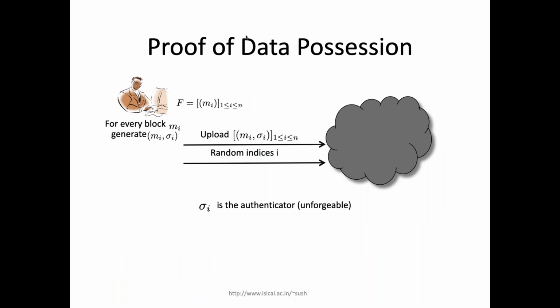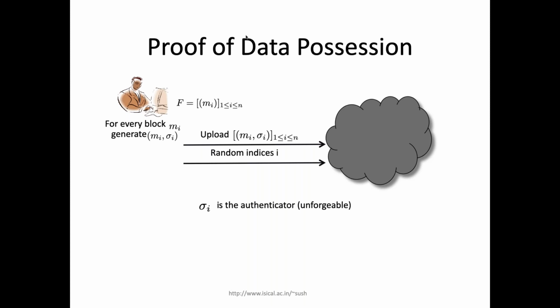Typically, to reduce the load on the data owner's end, the data owner also signs each block, or keeps an authentication tag sigma i for every message mi, and stores this information in the cloud server.